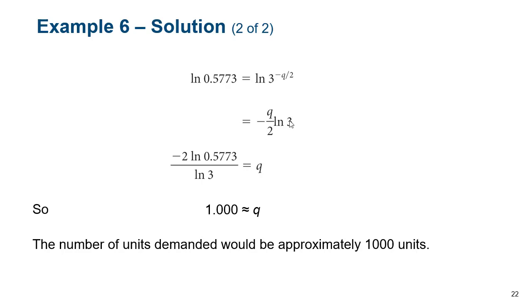Then isolate the variable further by dividing by natural log of 3 and multiplying by negative 2. And thus we get Q equals all this. Throw it into your calculator, and you get that it's basically 1. And so the demand would be roughly 1,000.